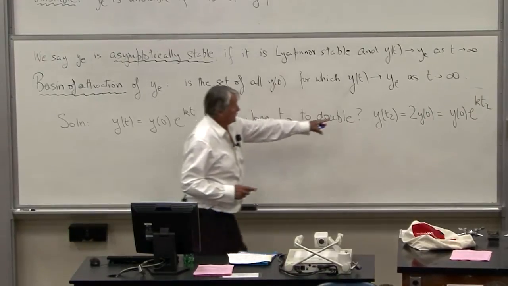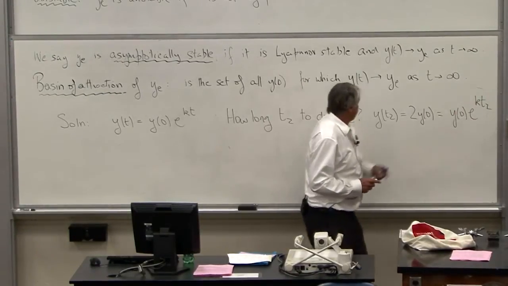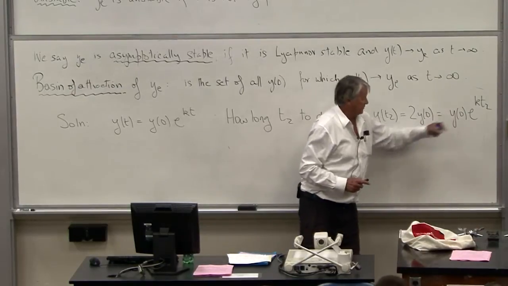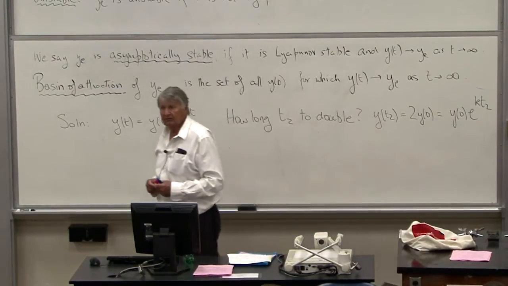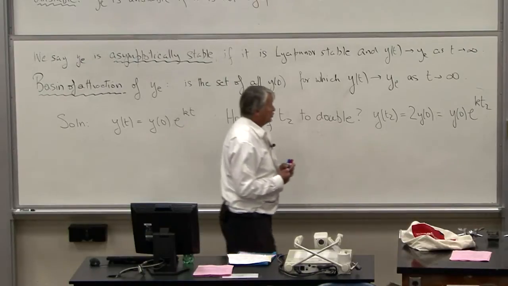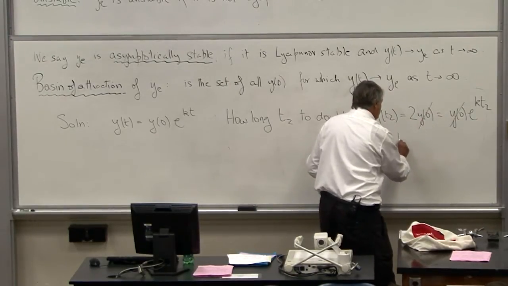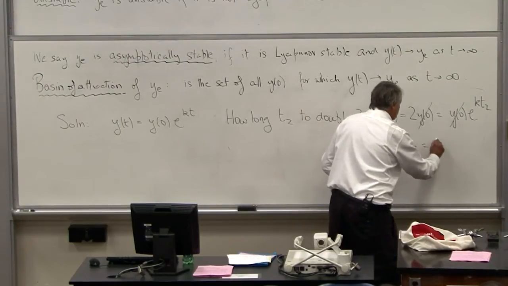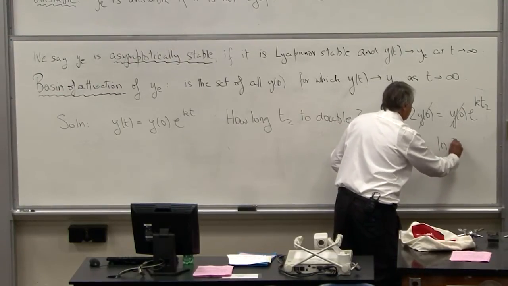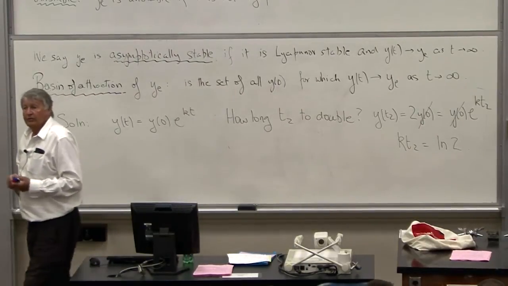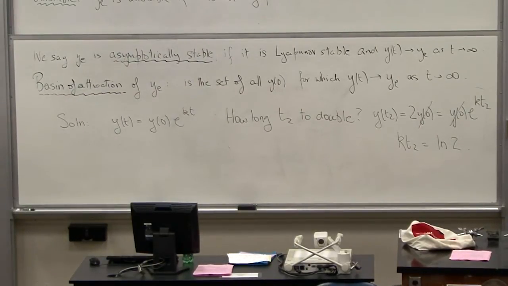And since y of t2 is y of 0 e to the k t2 by the solution, this is the same as this. Therefore, the y's cancel. I get k times t2 equals log 2. So the population doubling time is log 2 over the growth rate.